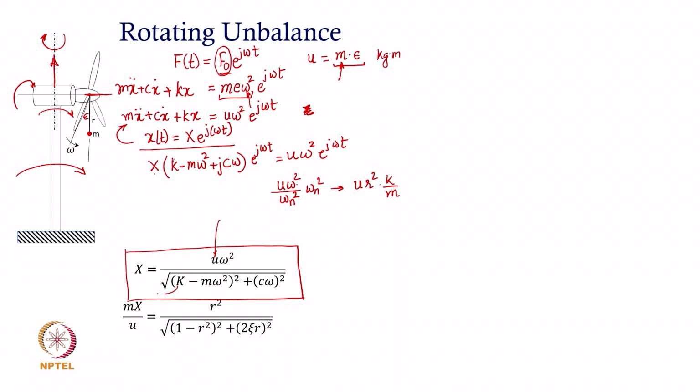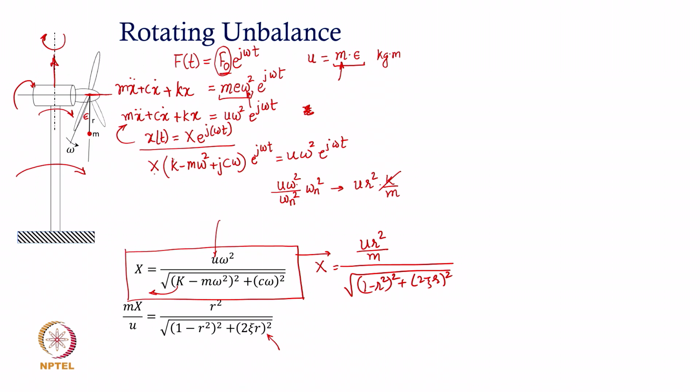Now, when we take k out from here, this entire expression is a familiar expression in the square root sign, which is this, and when the k is taken to the numerator, this cancels out with the k which is taken out, and you will find u over m in the numerator. So, this numerator will now change to u r square over m divided by square root of (1 minus r square) whole square plus (2 zeta r) whole square. It is left to you as an exercise to figure out whether this is correct or not.